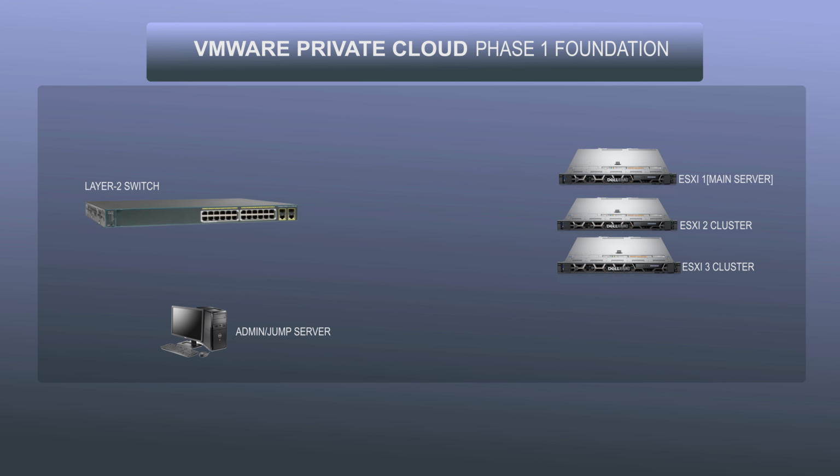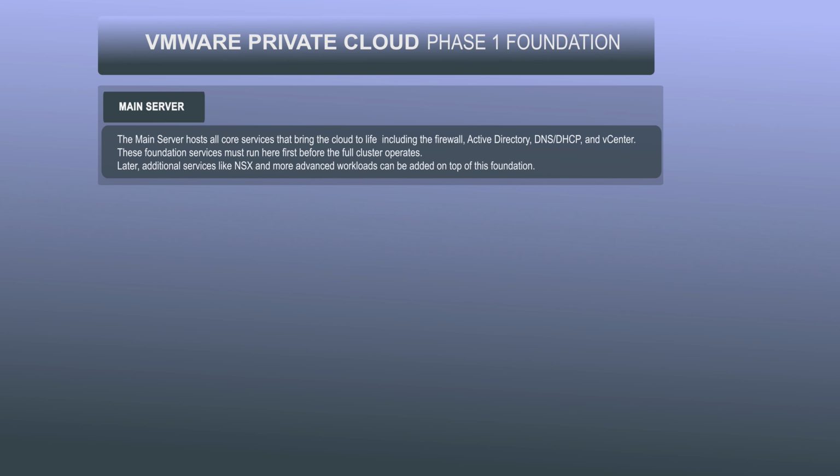Now, let's move on to the ESXi hosts. I have 3 physical servers, and all of them are installed with VMware ESXi. ESXi1 is my main server. The main server hosts all core services that bring the cloud to life, including the firewall, Active Directory, DNS, DHCP, and vCenter.